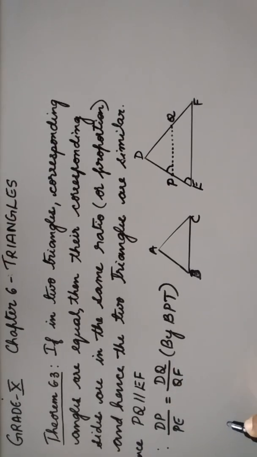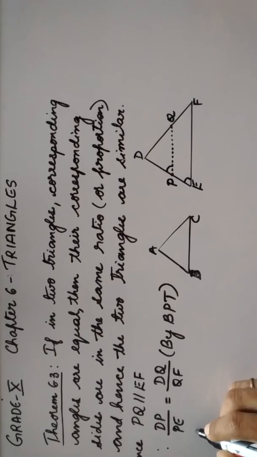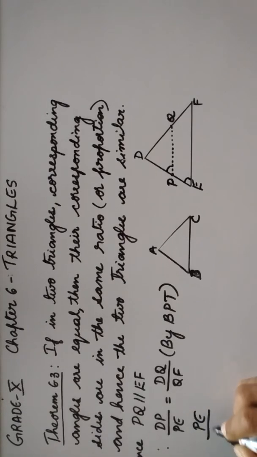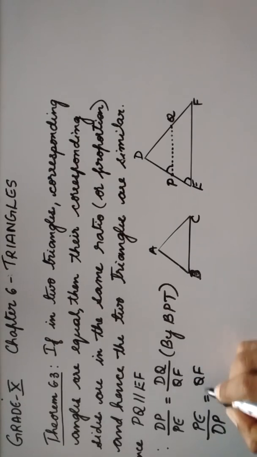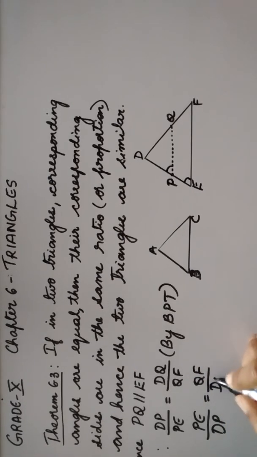Now, taking the reciprocal of this, we get PE by DP is equal to QF by DQ.